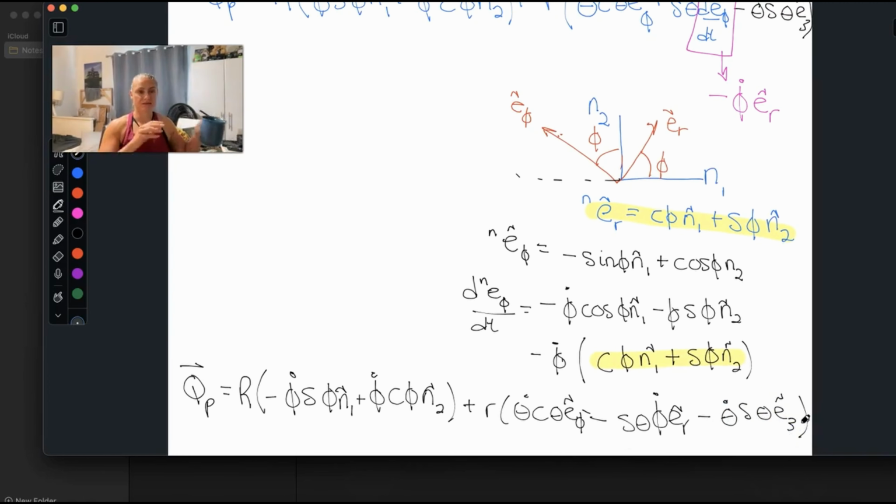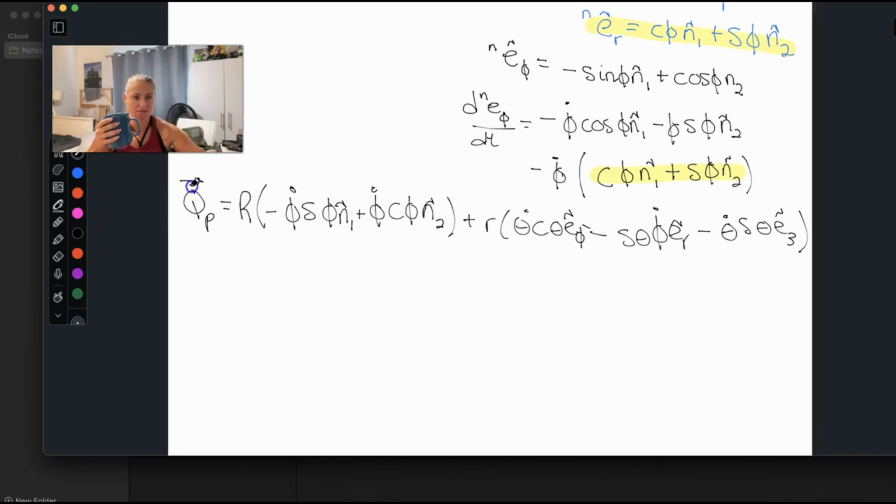All right. This is not what they asked for though. This is a velocity vector, it has that dot, it's a time derivative. They asked for the velocity of P in terms of the normal frame.